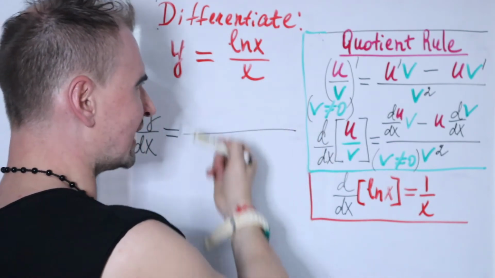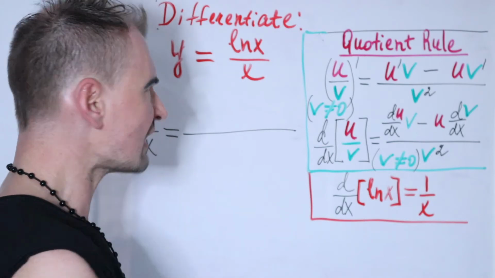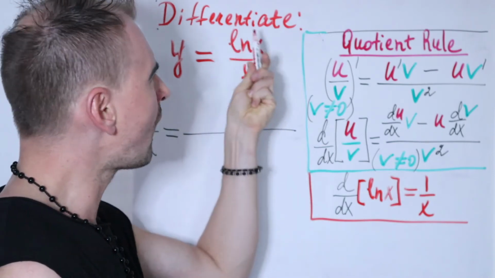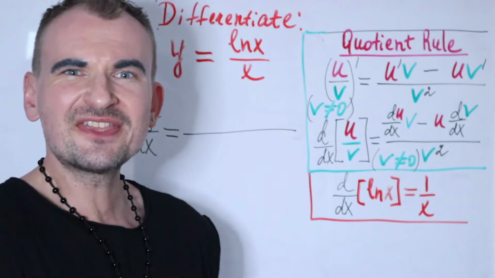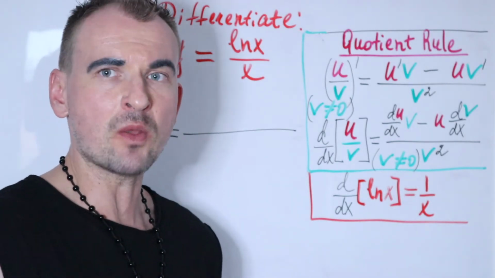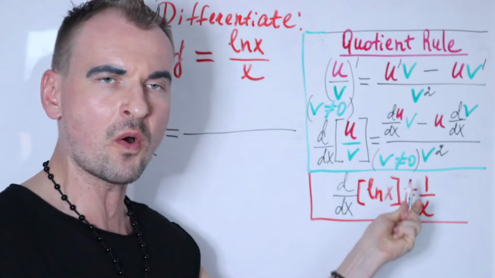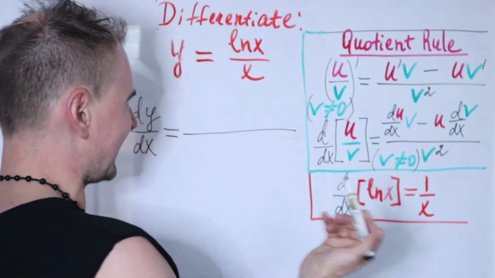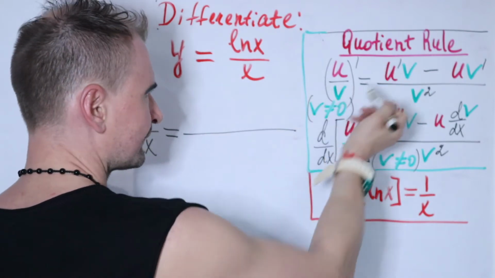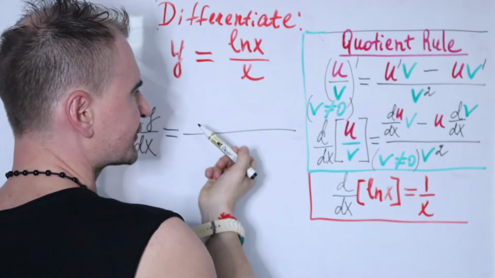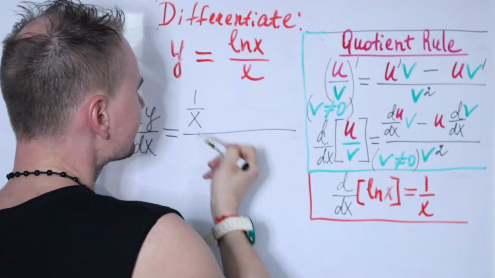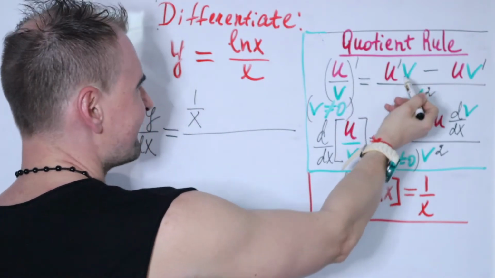So let's form a top of your fraction. The derivative of ln of x. So think back to table of derivatives, and the derivative of natural log is just 1 over x from that table. So your u prime becomes 1 over x, which gets multiplied by v as is.